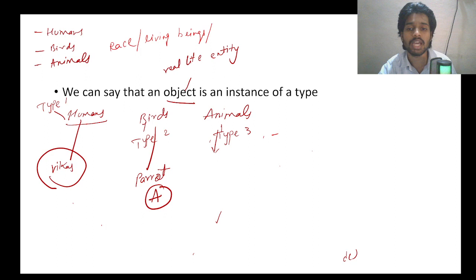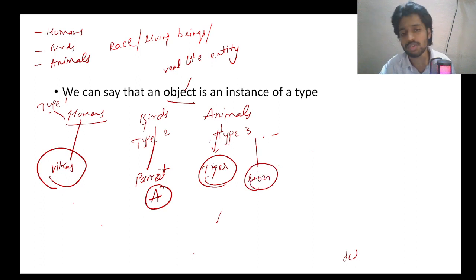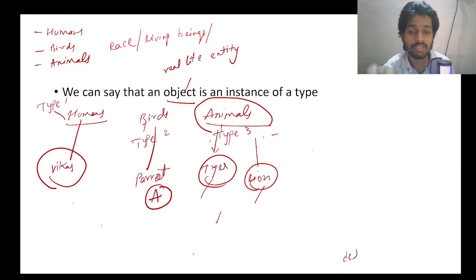Even if I talk about animals, tiger is one object. Lion is an object, because tiger has four legs, lion also has four legs, and these two come under the type animals. So animals are the type, and the real life objects are nothing but the real life beings that we can see. If I talk about humans as the top level entity, then I am a real life entity.